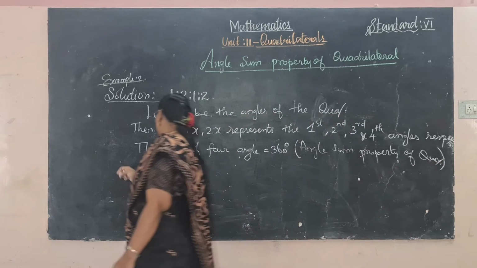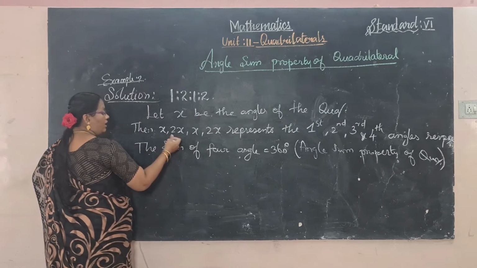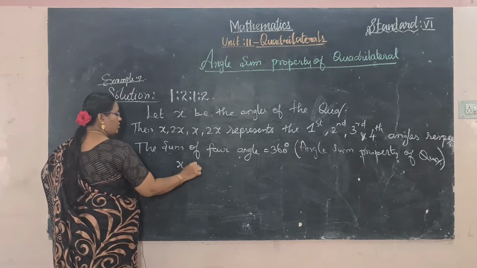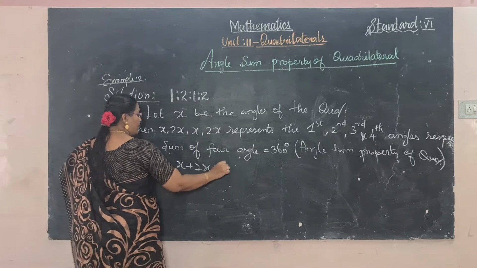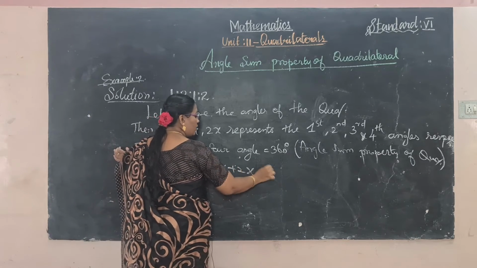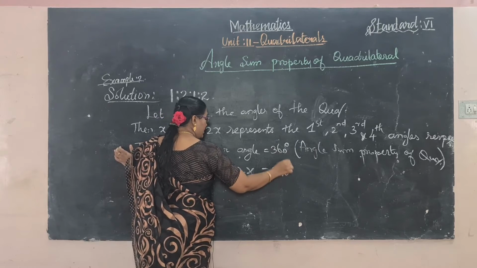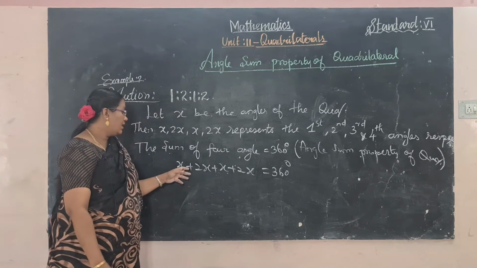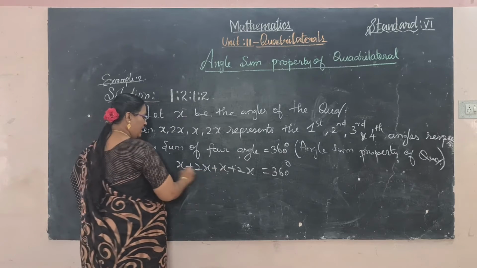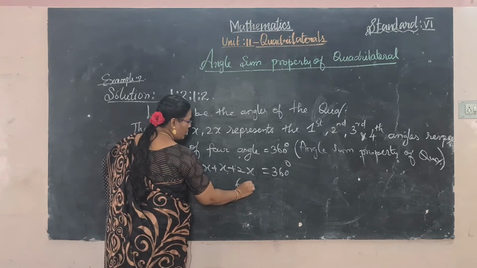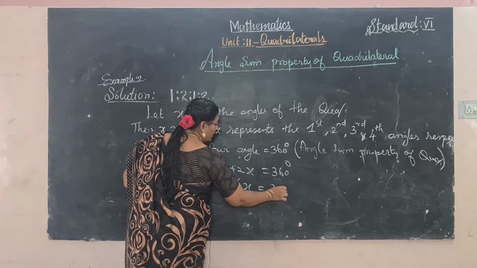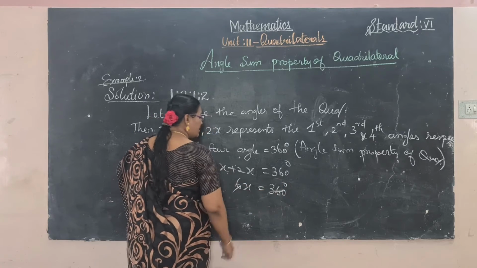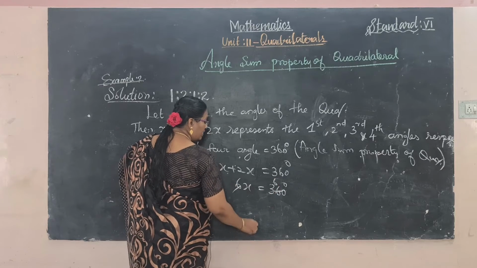So the sum of four angles: x plus 2x plus x plus 2x equals 360 degrees. See here, the sum is 3x plus 3x, 6x equals 360 degrees. The 6 will cancel in the 6 table: 6 sixes are 36.